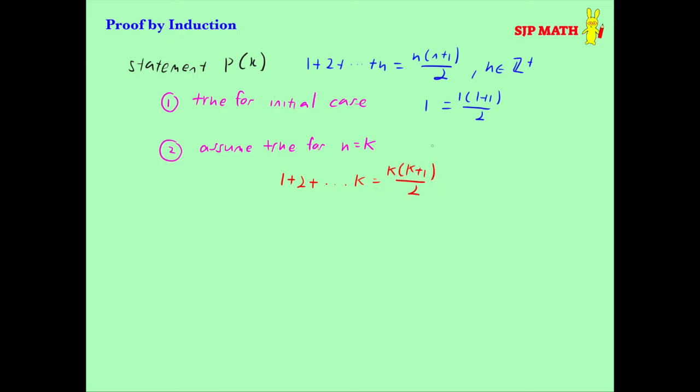We're assuming this is true for some integer k. We're assuming that there exists some positive integer k, so that P of k is true.